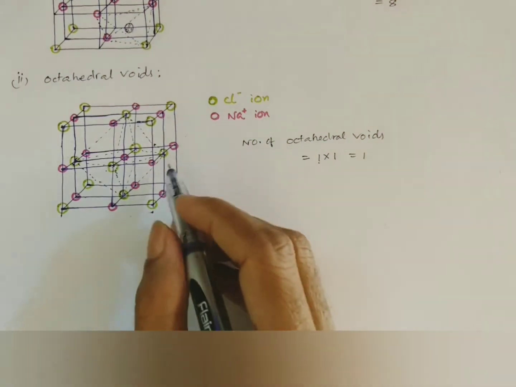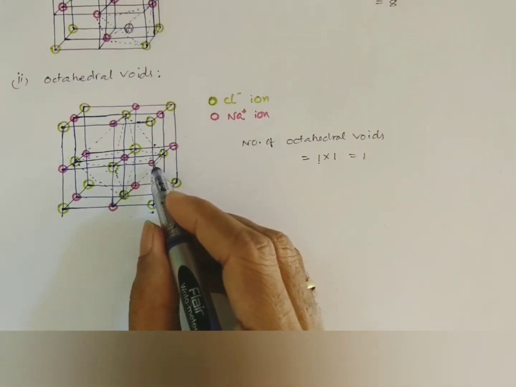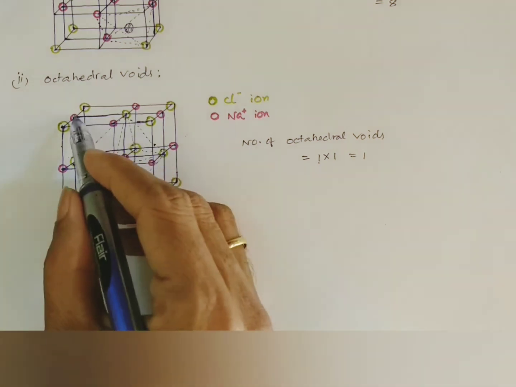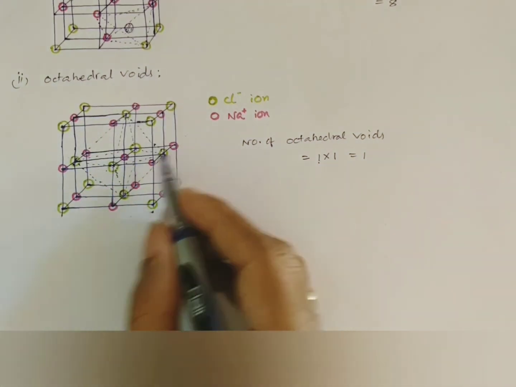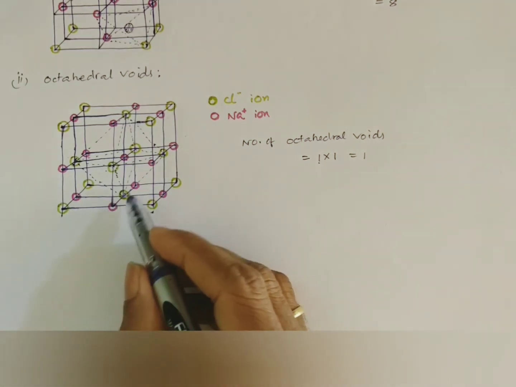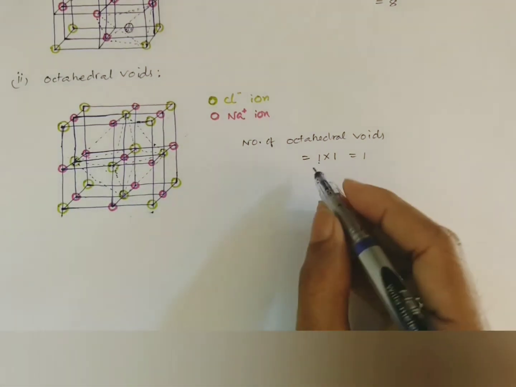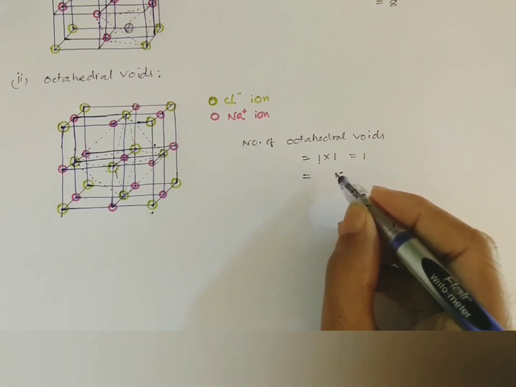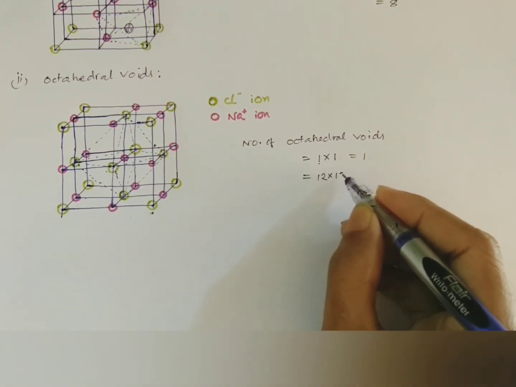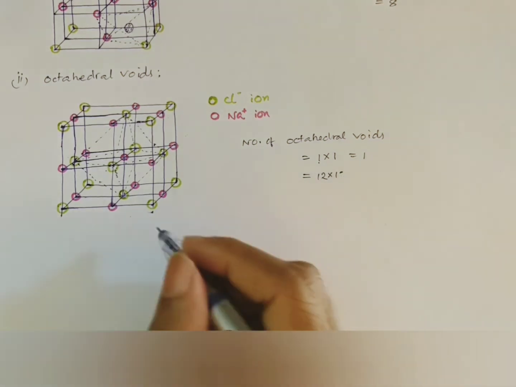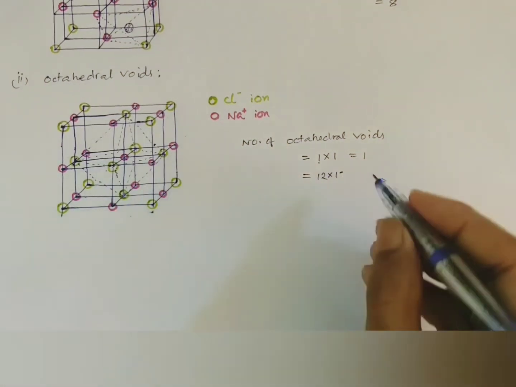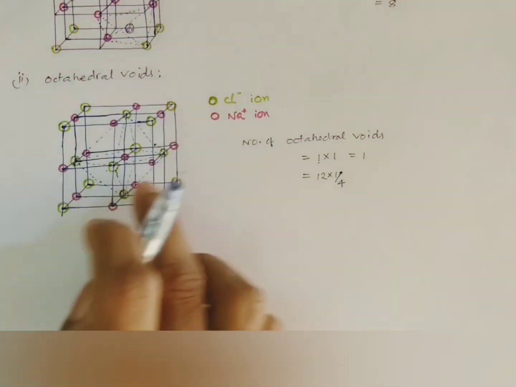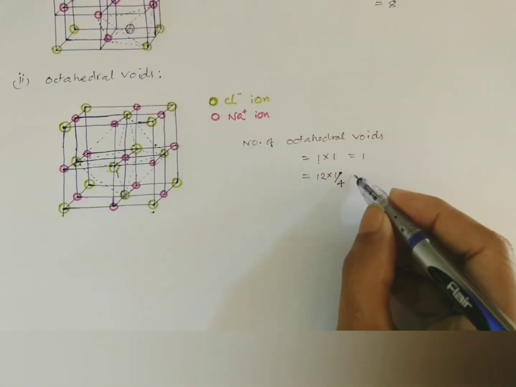Now where are the other octahedral voids? They are present on the edges. How many edges are there? There are 12 edges: 1, 2, 3, 4, 5, 6, 7, 8, 9, 10, 11, 12. Each edge is shared by 4 unit cells. So the contribution of each octahedral void to one unit cell is 1 by 4.